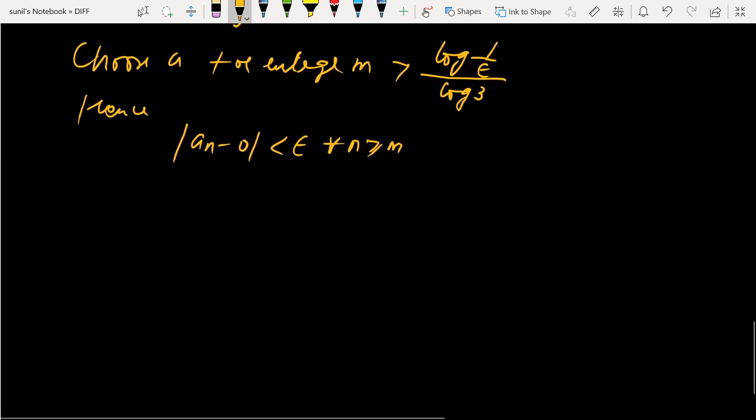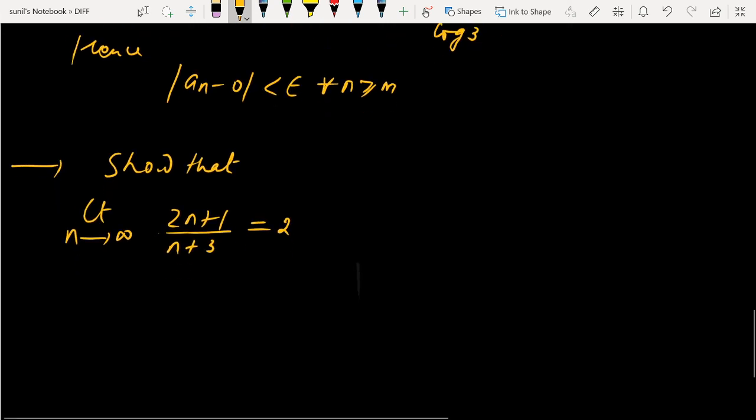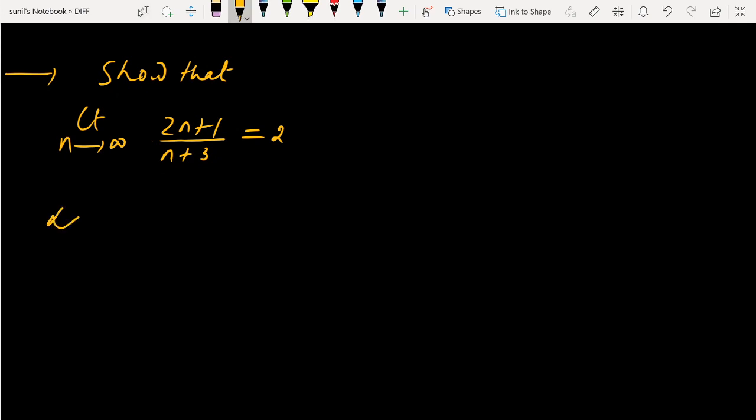Now suppose another example: show that the limit as n tends to infinity of (2n plus 1) upon (n plus 3) is equal to 2. Now we'll again use the definition. Let epsilon greater than 0 be given.